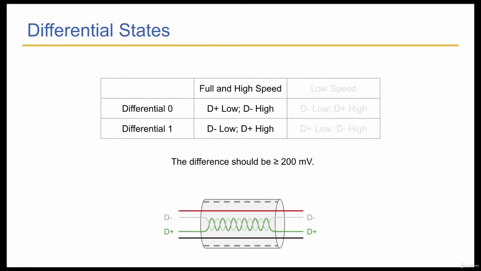Can't we just do it simply by using a single data line? Let's say only D positive. The port can apply a high voltage and the other end of the cable will receive high voltage, and similarly for low voltage. Can't we just use only one data line? Why do we need two data lines?